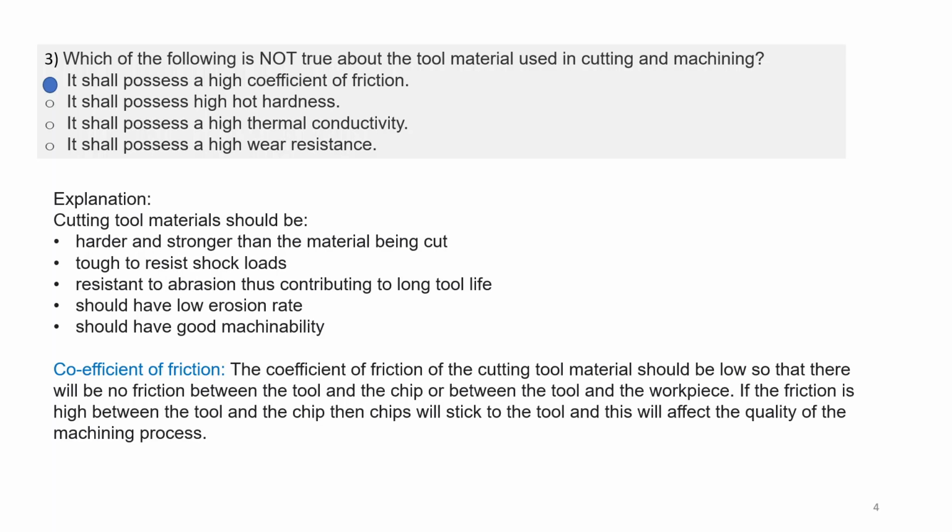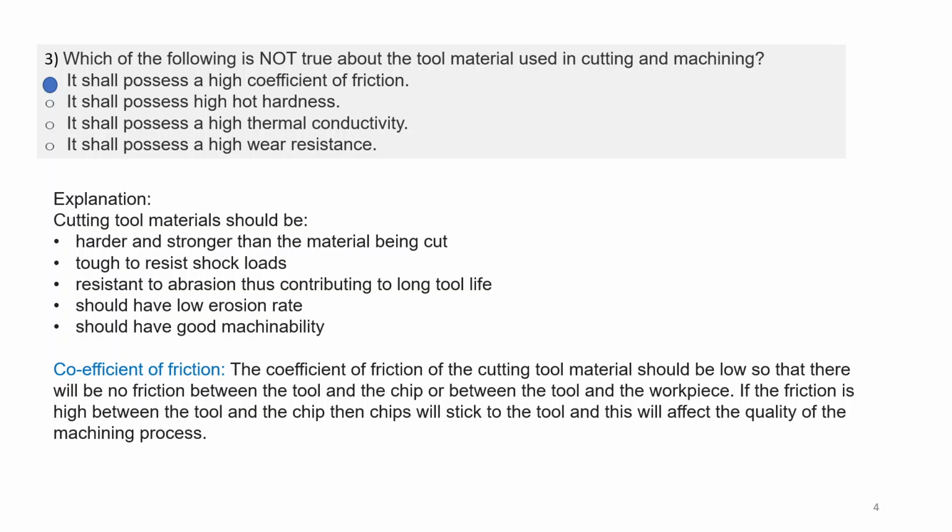We can explain this by saying cutting tool material should be harder and stronger than the material being cut. It should be tough to resist shock loads. It should be resistant to abrasion, thus contributing to long tool life. It should also have low erosion rates and good machinability.